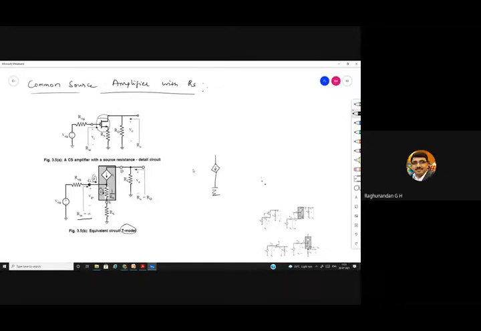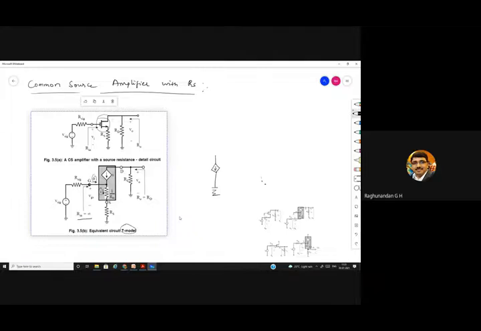Now let us see how we are going to analyze. Here, analysis means you need to find out three parameters. One is the overall voltage gain, another is the open circuit voltage gain, and the other is the terminal voltage gain: Av, Av0, Gv.